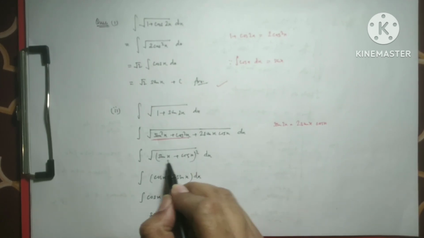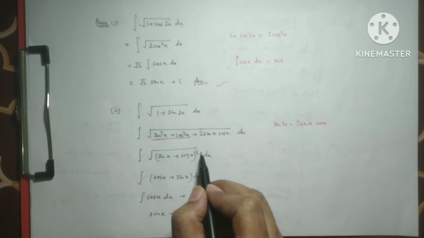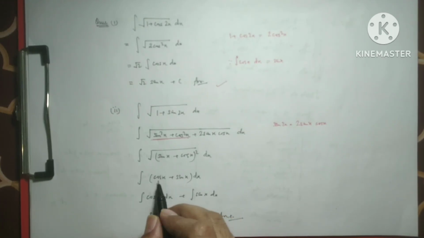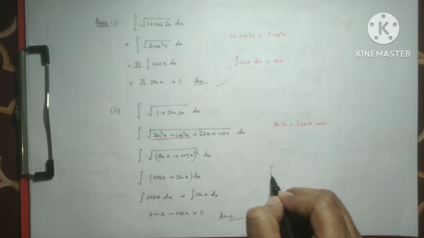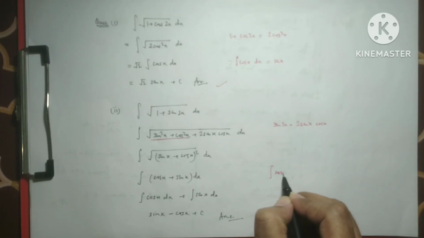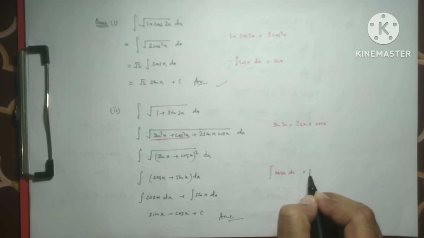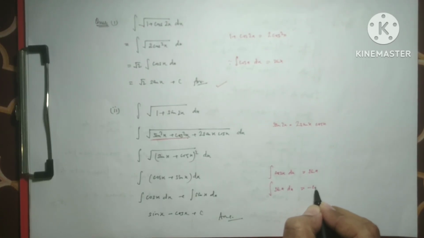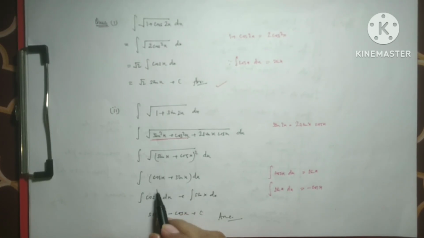So the under root is neutralized and this becomes cos x plus sin x. The integration of cos x is sin x and the integration of sin x is minus cos x. So this becomes sin x and this becomes minus cos x. So this is the answer.